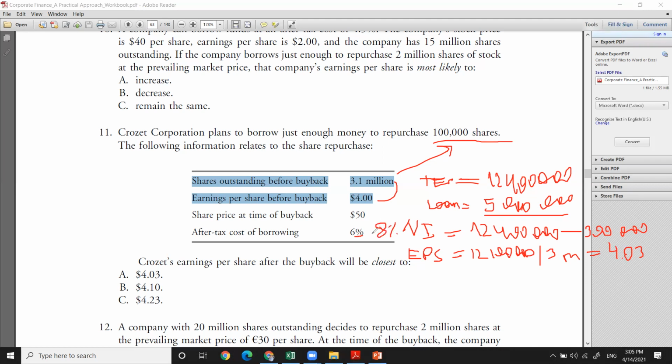We can see that it is greater than the cost of borrowing, so we expect that EPS after buyback will go up. So we need to find it out, and we use this way of calculation.